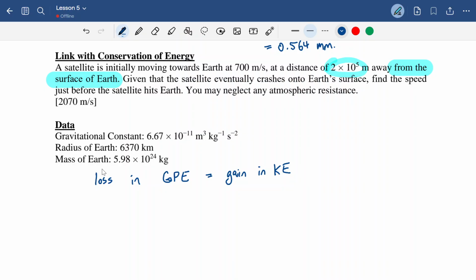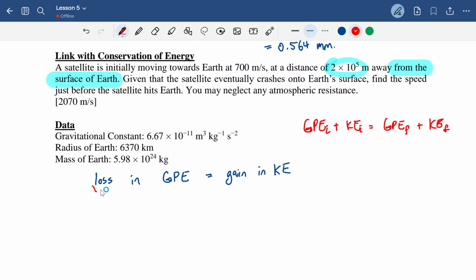So any loss is always the initial value minus the final value. Or you could also decide, if you like, initial GPE plus initial KE equals final GPE plus final KE. This or this also can.